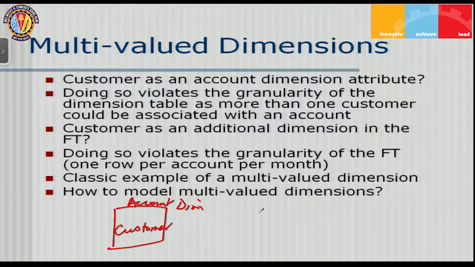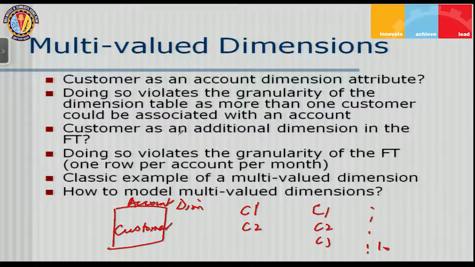So I don't know how many fields I should reserve for customer. Should I have only one customer attribute, or two, or three, or for that matter 10 or 20? You don't know. If I put the customer as an attribute in the account dimension, doing so violates the granularity of the dimension table, as more than one customer could be associated with an account.